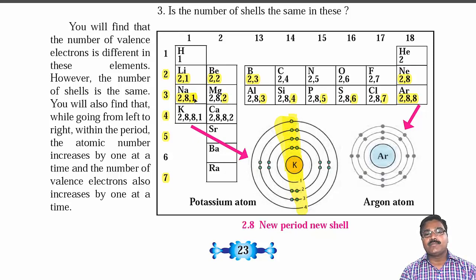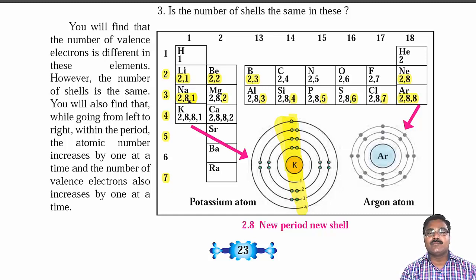Therefore across the period, as we move from left to right, the number of electrons goes on increasing, and therefore the attractive forces also go on increasing, and therefore there will be a decrease in the radius of the element.